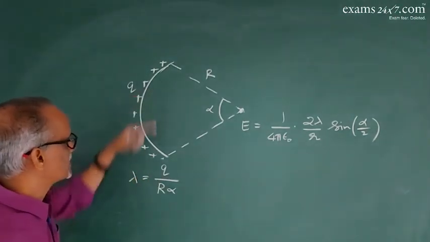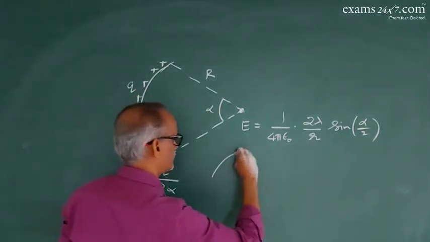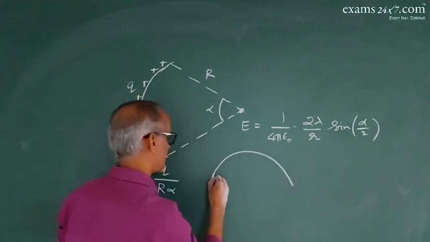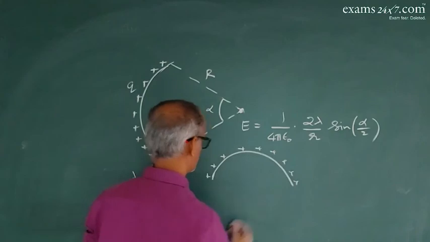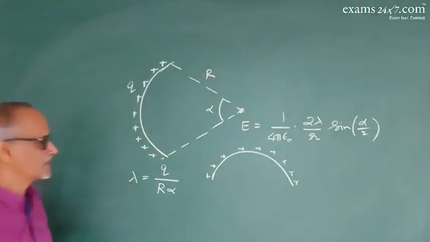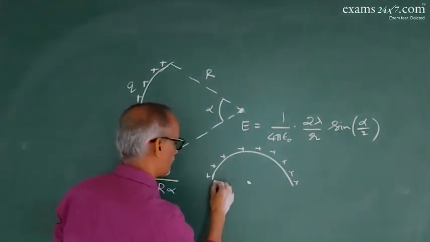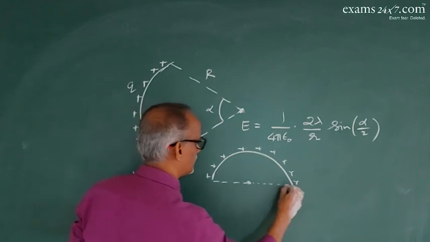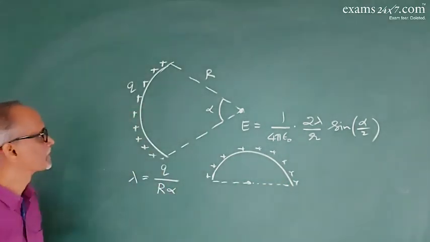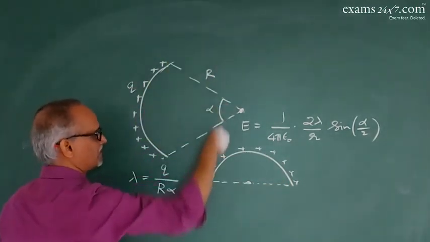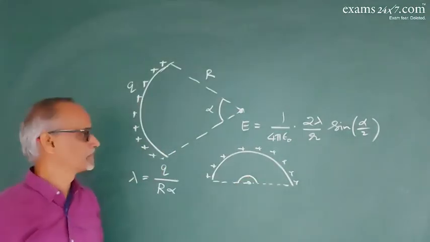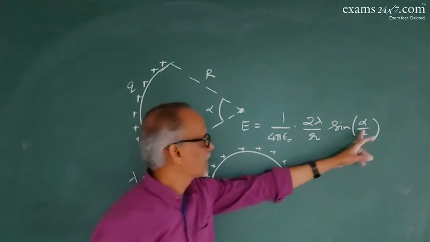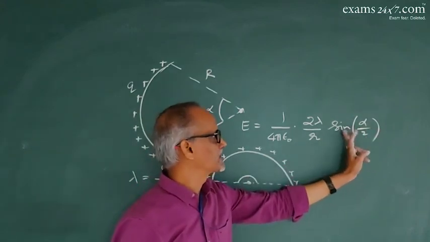Now, if I consider a semicircular arc, what is alpha if it is semicircular? If it is semicircular, then alpha is 180 degrees. So 180 by 2, 90, sine 90 is 1.